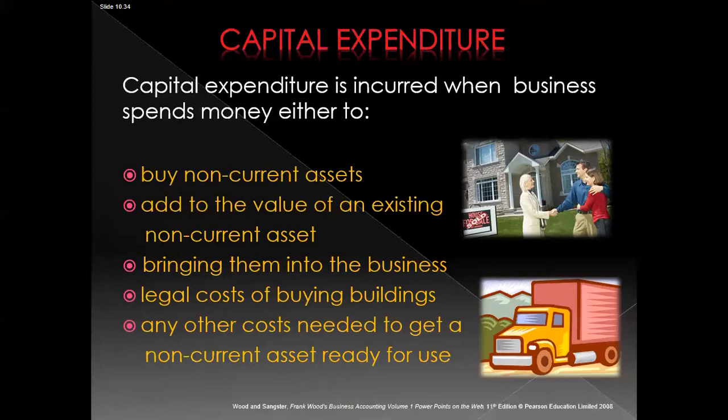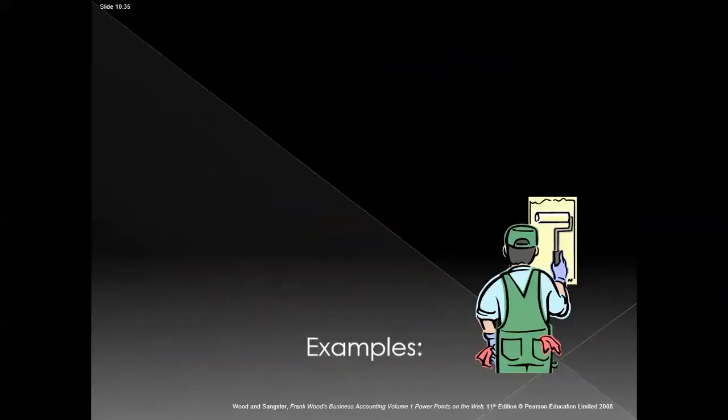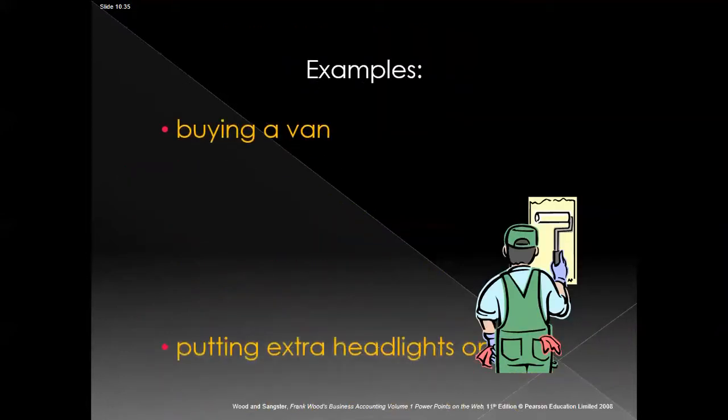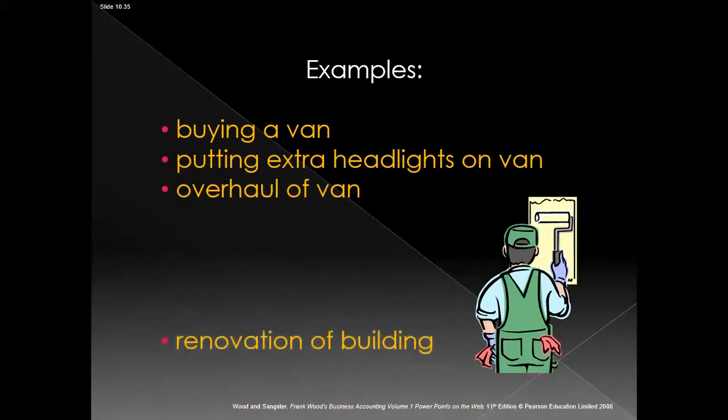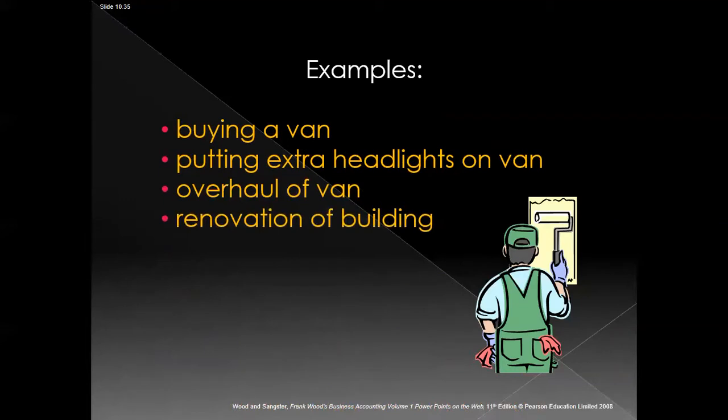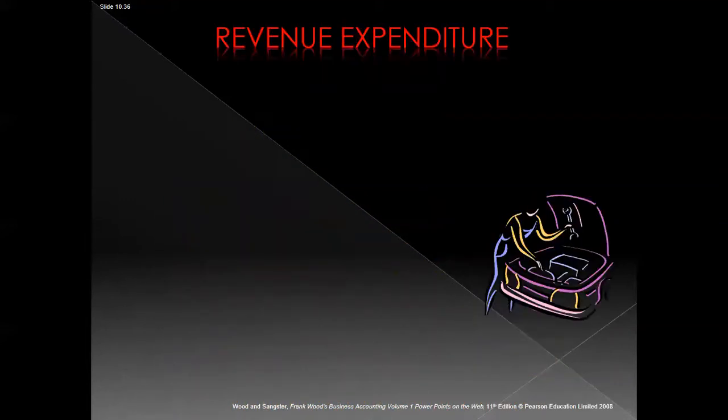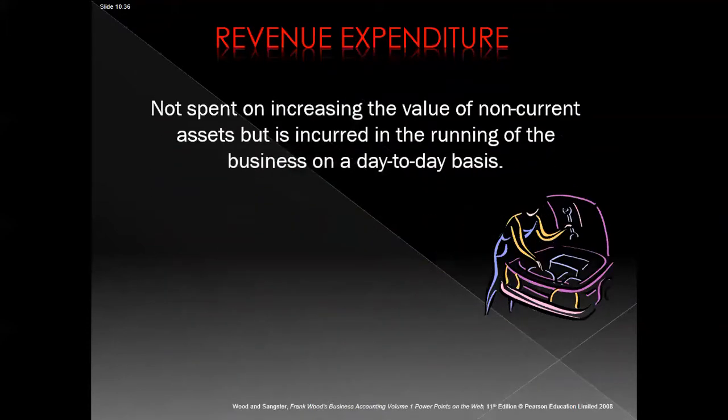The cost of delivery of this furniture, to get the non-current asset ready for use, is part of the capital expenditure. So I showed you the examples of capital expenditure.